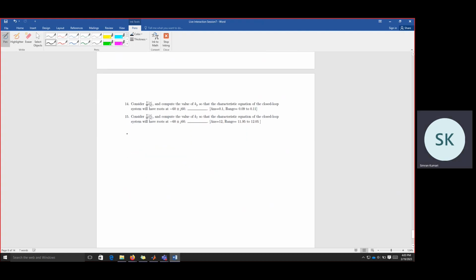Consider Y(s) by W(s), this transfer function, and compute the value of Kp so that the characteristic equation of the closed loop system has roots minus 60 plus or minus j60. So these are the closed loop system poles, and we have to find the value of Kp such that this is satisfied.